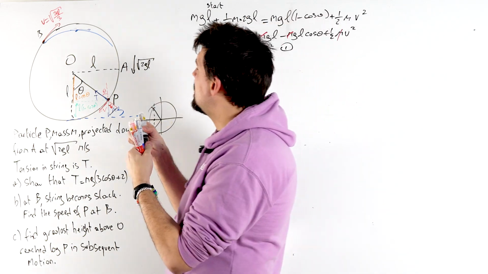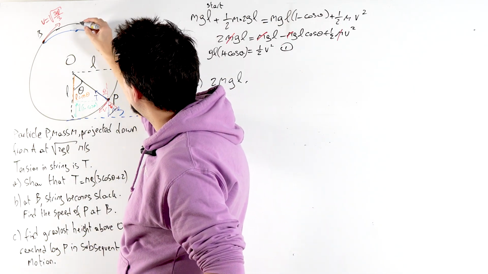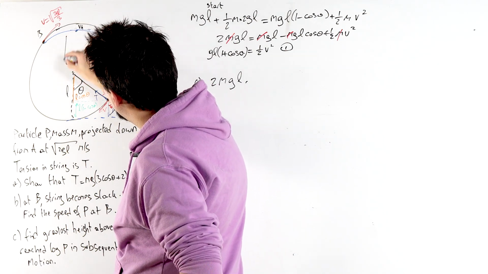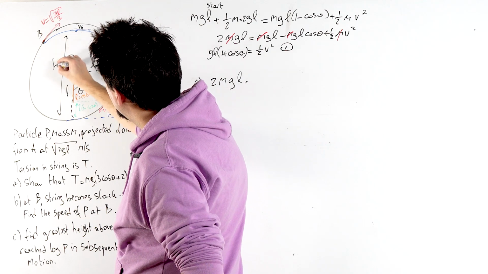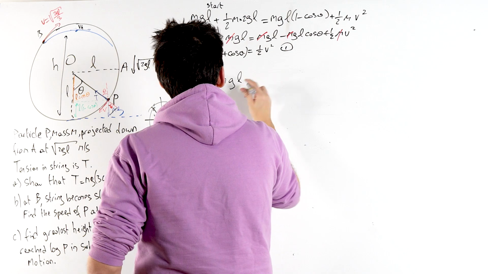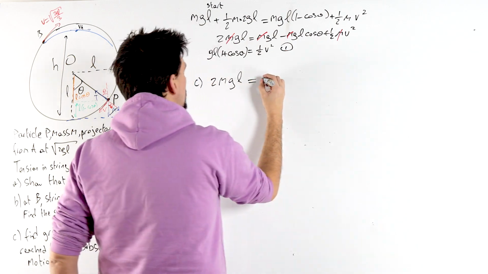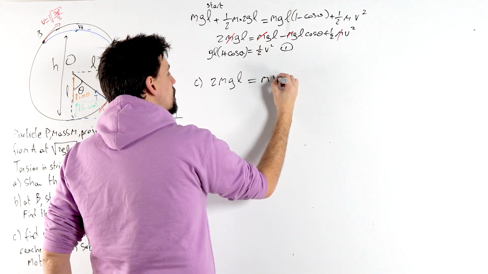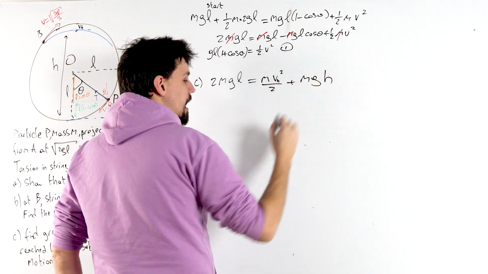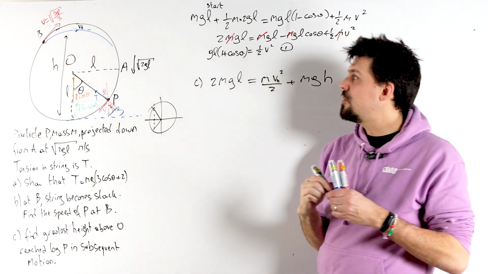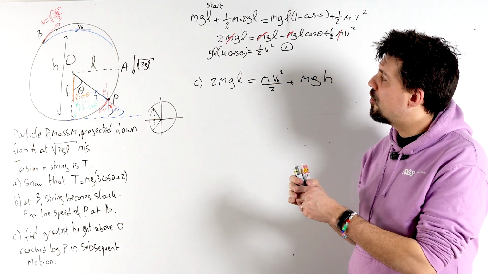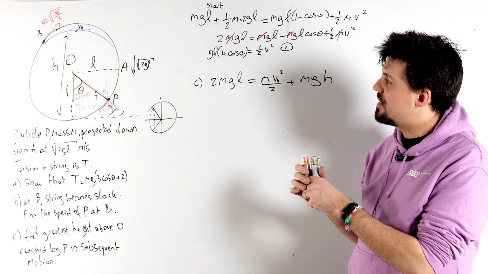Whatever this velocity here is, let's call it VH, and I'm going to call that distance there H. What will I have? Well, my total energy will be mVH squared over 2 plus mgh. And that's what we're going to use. So the key thing is finding what is that horizontal component of velocity.